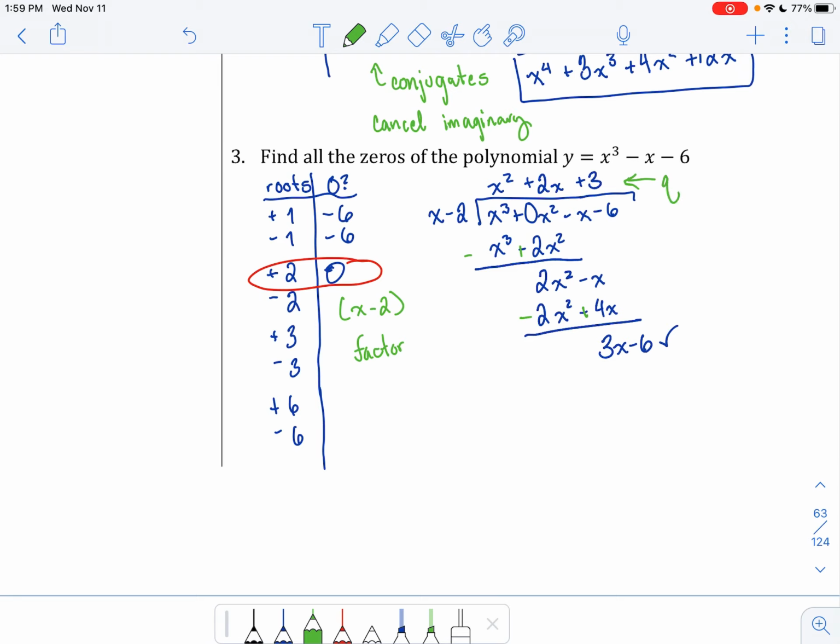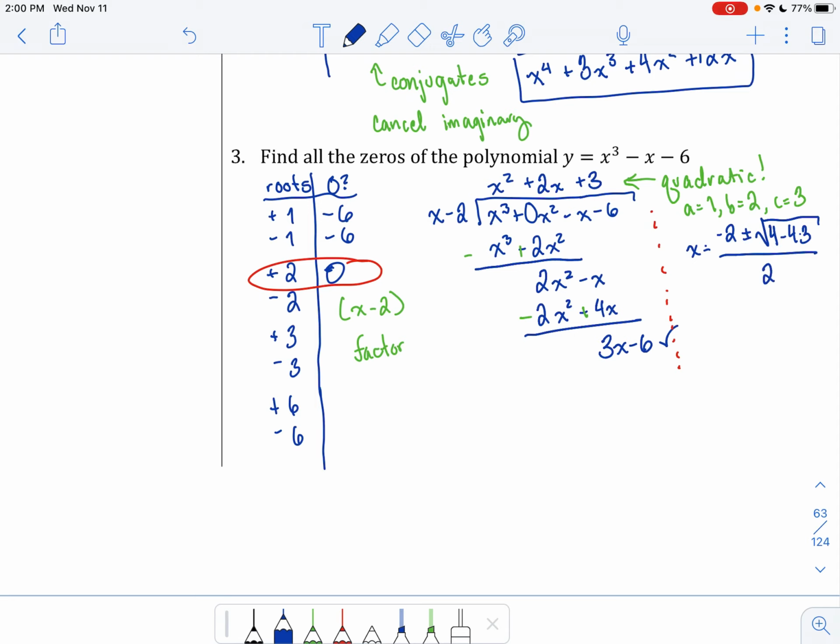And here's our quadratic. Now this is what we actually want to plug into our quadratic formula. So I'm going to separate things out a little bit. And our A is 1, B is 2, C is 3. So x is equal to negative 2 plus or minus the square root of 4 minus 4 times 3 all over 2.